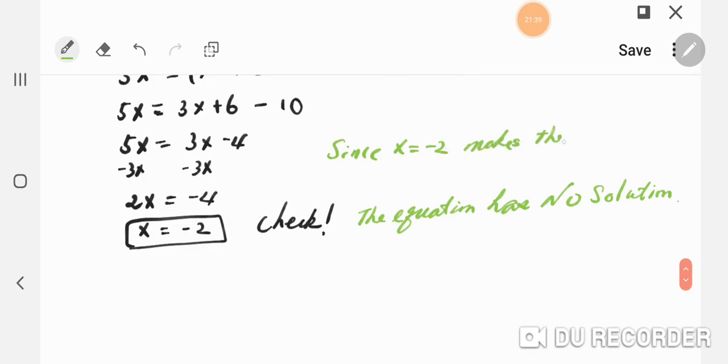Makes the denominator equal to 0, so negative 2 is not a solution. Negative 2 is not a solution. Therefore, the equation has no solution.